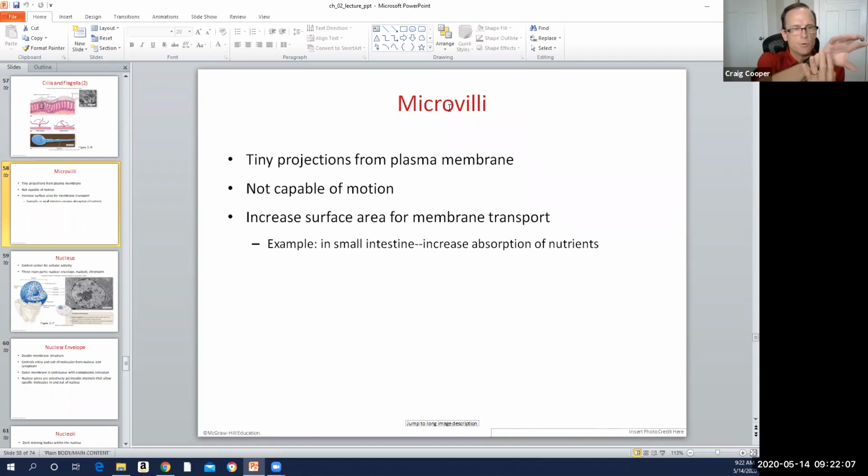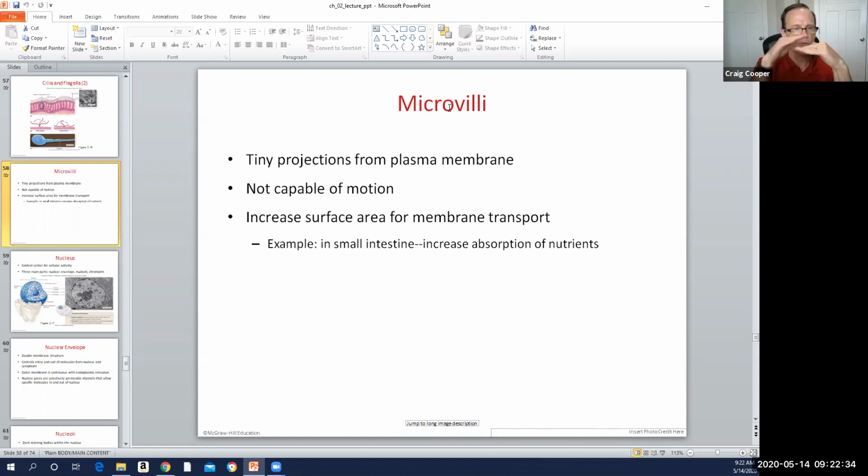If I have food kind of floating past these microvilli, we have a lot of enzymes in all the little nooks and crannies between those microvilli, and we have a lot of absorptive cells. So when we have, say, our digestive enzymes have broken up a protein, those protein fragments are going to have a specific passageway that they need to enter, and those microvilli increase the surface area.